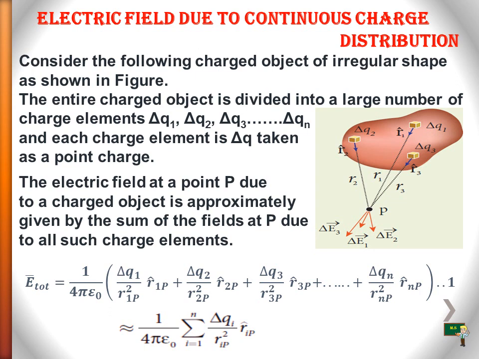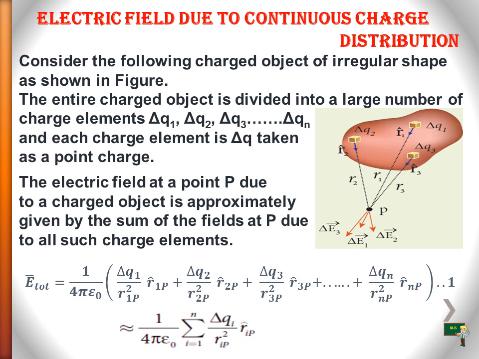Now E total vector is equal to 1 by 4 pi epsilon naught del Q1. In the last point charges lesson we did not use the letter del, but here del is used because of the collection of charges.